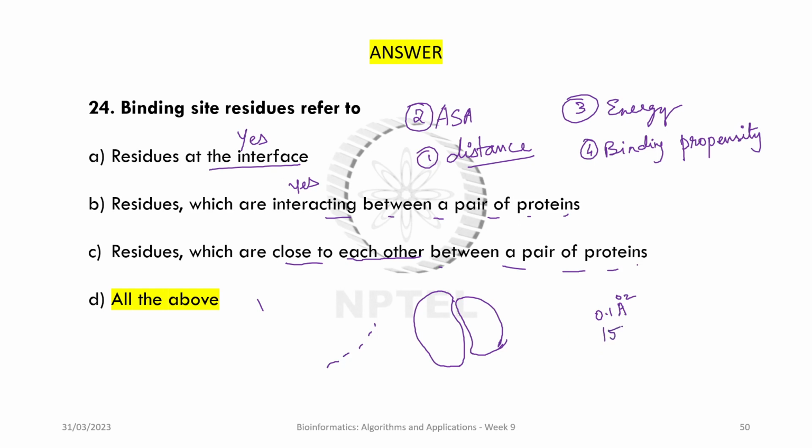Even if you take some 15 or 20 angstrom square, it is still a good difference, reasonable enough for you to think that it is an interacting or binding site residue, because it is getting obstructed by another protein or ligand or binding partner, which alters the accessibility, the energy, the distance or binding propensity values for those residues. Therefore, I'm going to go with all the above.